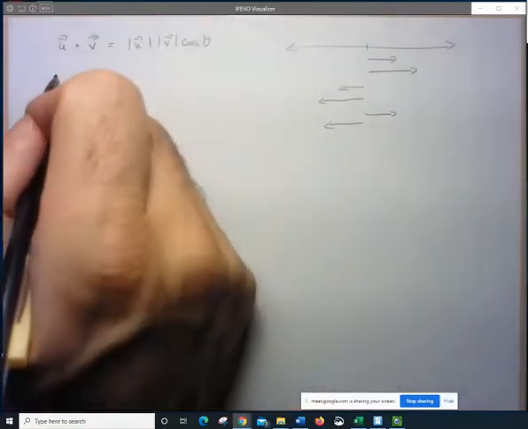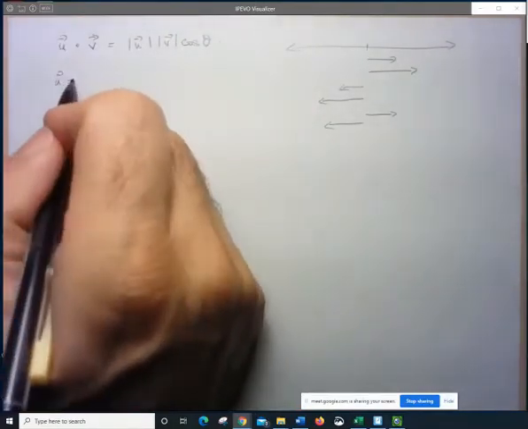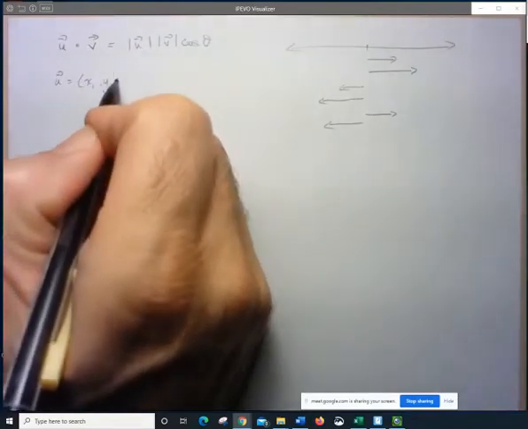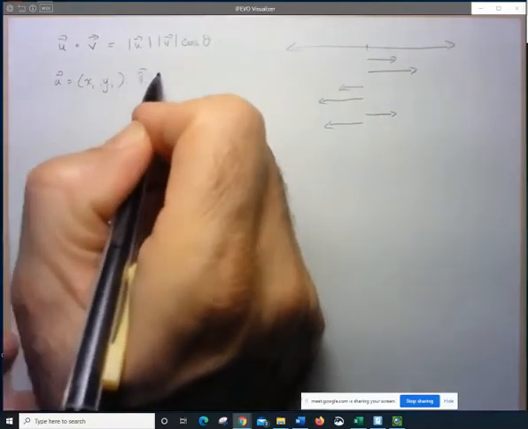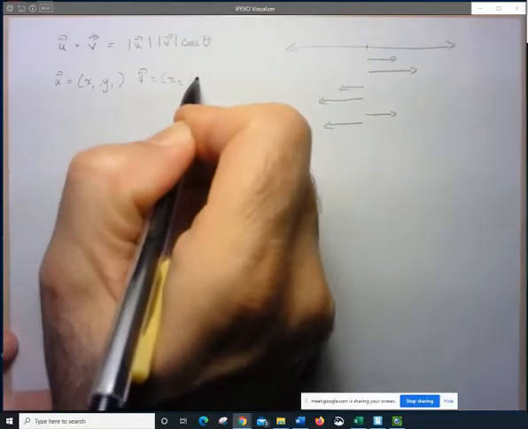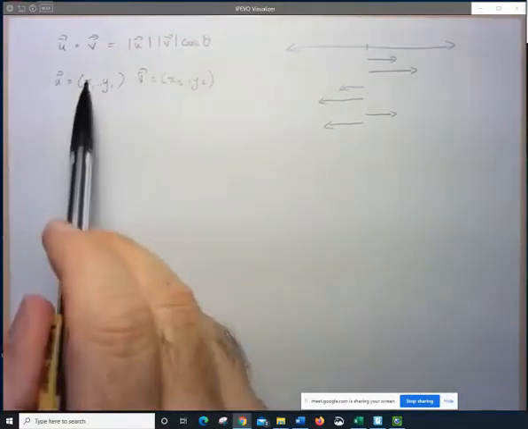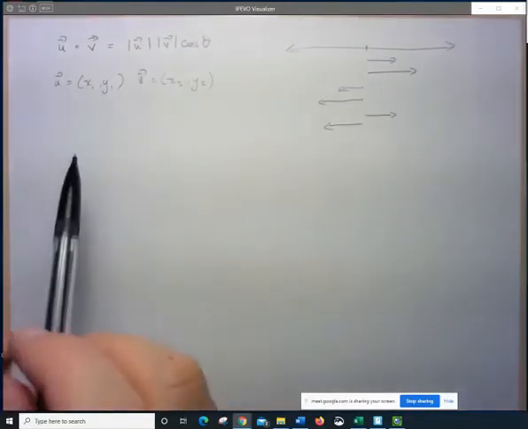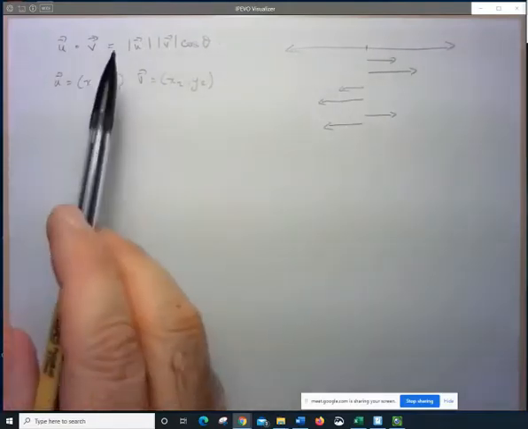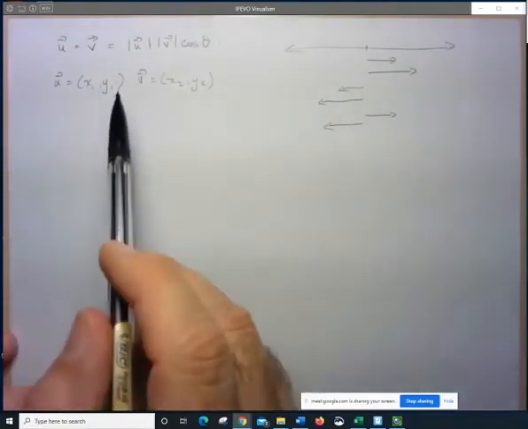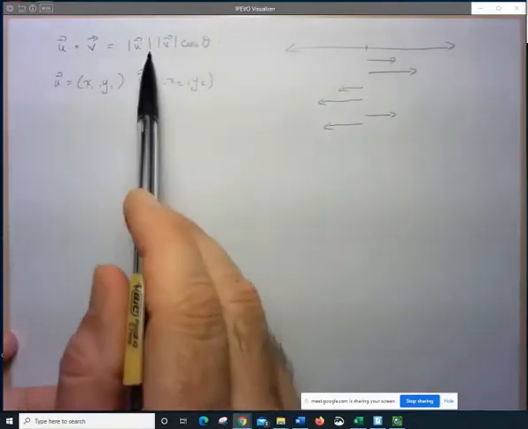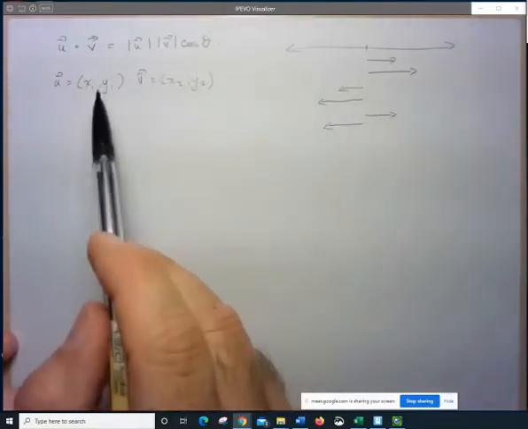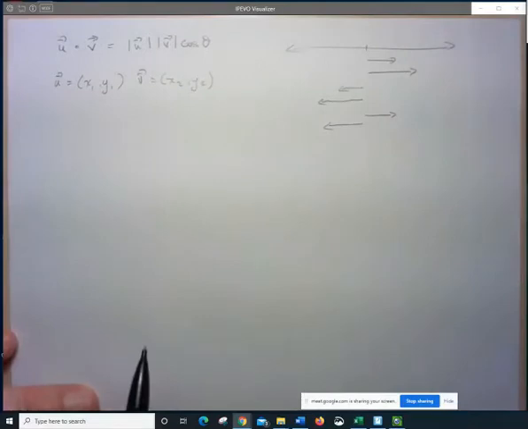In other words, if I define u to be, say, (x1, y1), and v to be (x2, y2), can I find an algebraic definition for this dot product? In other words, can I find a way to determine this value by just operating on the individual components? Okay, that's the whole beauty of algebraic vectors, is that you're only operating on the individual components.